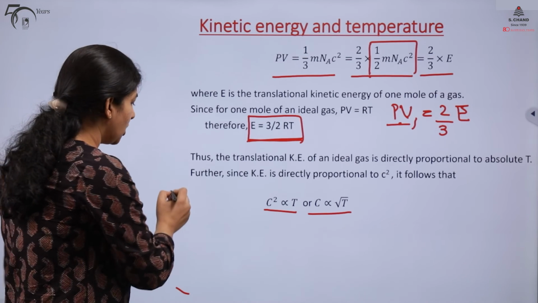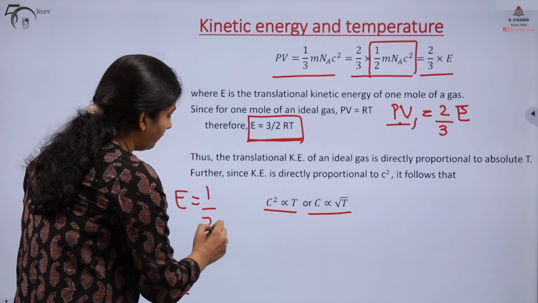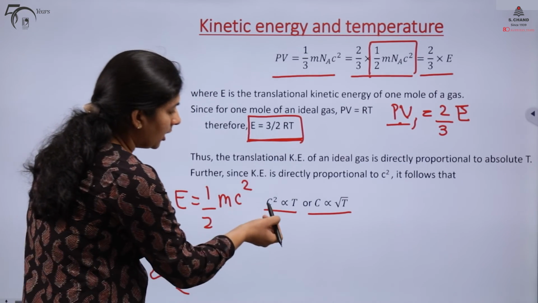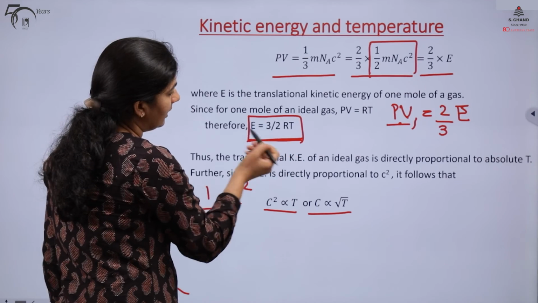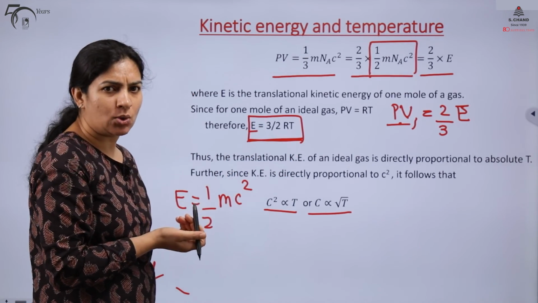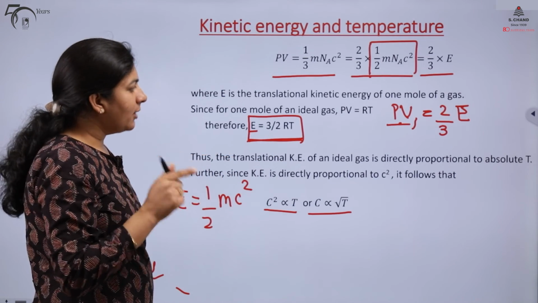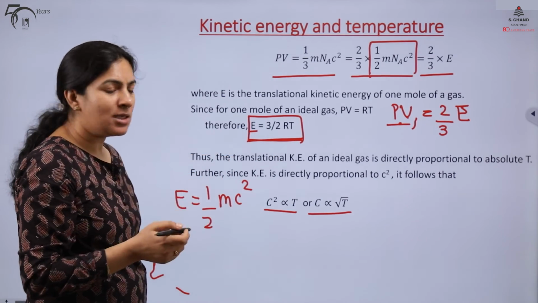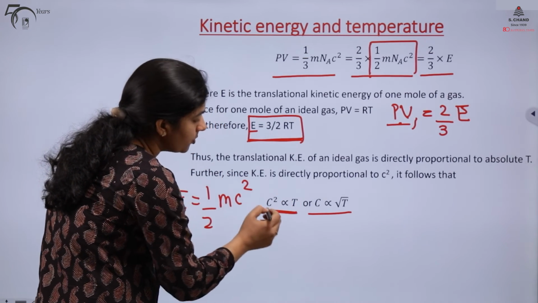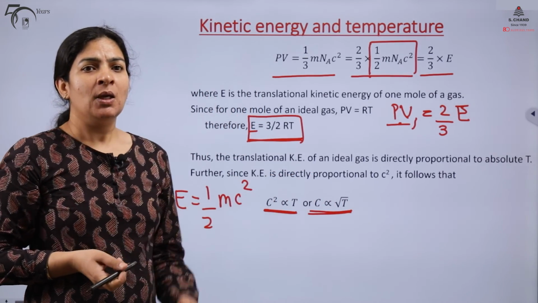And now we know the relationship between kinetic energy and velocity. Since kinetic energy is related to the velocity by the expression half mc square, therefore, here you can see that energy is directly proportional to temperature. So, kinetic energy is proportional to the power 1 of temperature, whereas molecular velocity or the velocity of a molecule is proportional to the square root of the temperature.